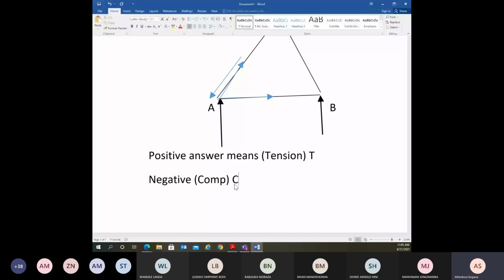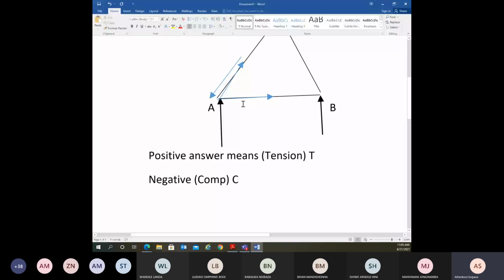When you're calculating, you assume that all forces in each joint are in tension. Then your answer will confirm. That's why, as Landa was asking, in each of the joints you assume that they are in tension.